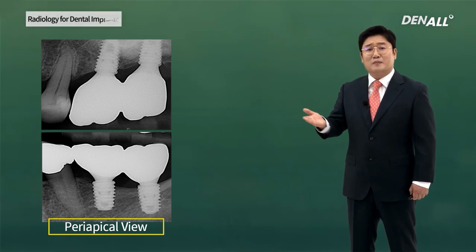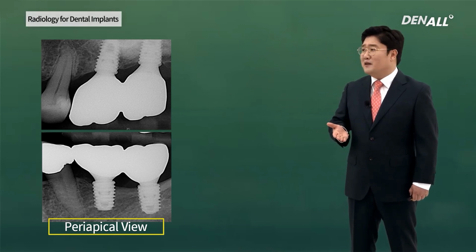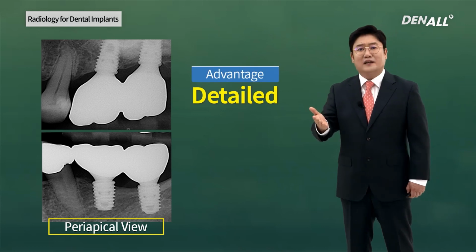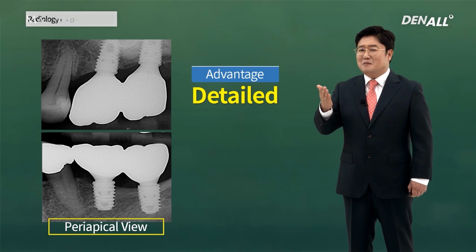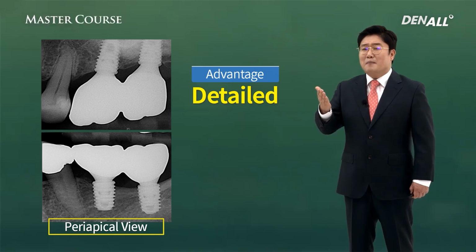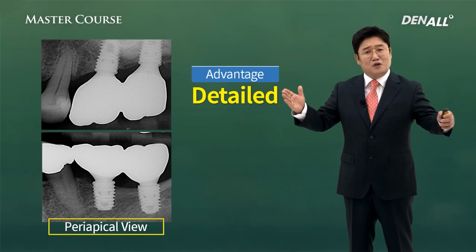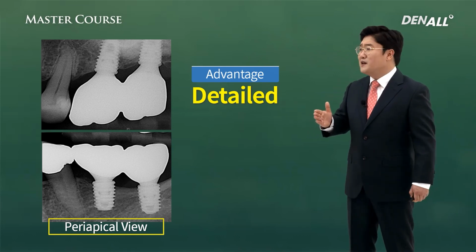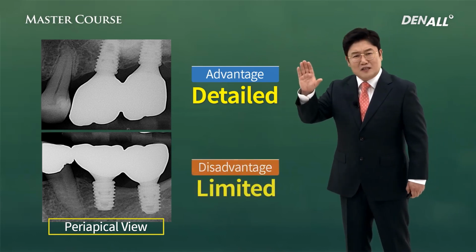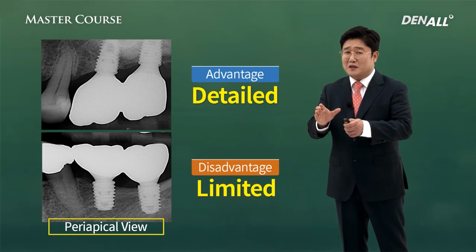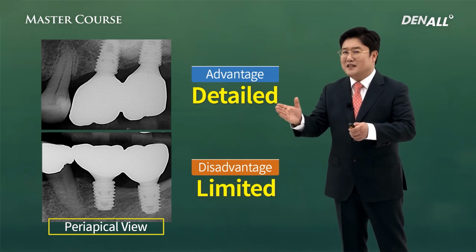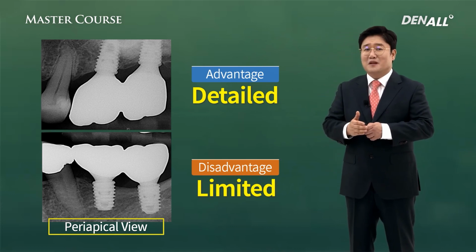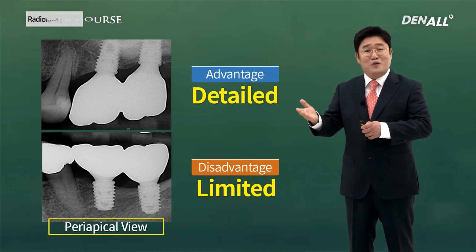Such a standard periapical view has the advantage that detailed information is in there. On the other hand, panorama gives broad coverage, but the periapical view has very limited coverage. So the disadvantage is that the information is for a limited area.